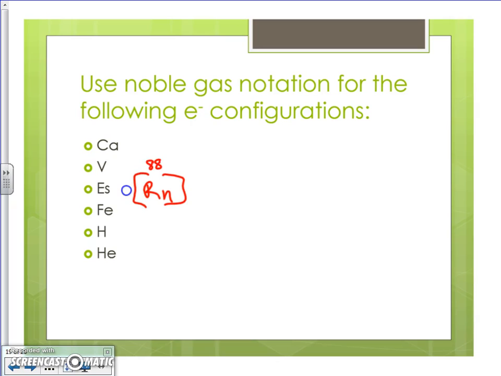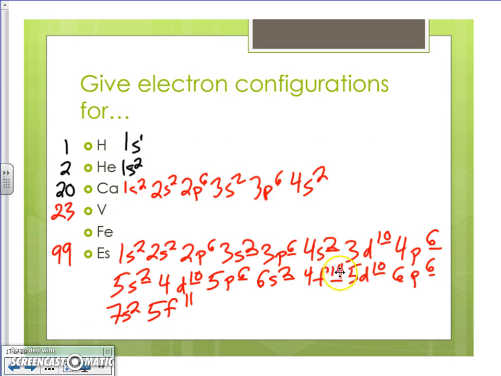You don't have to write that, but just a little note for me. And then write the rest of your electron configuration. If I go back and look here, radon ends in 6p6, so I just copy this part right here.